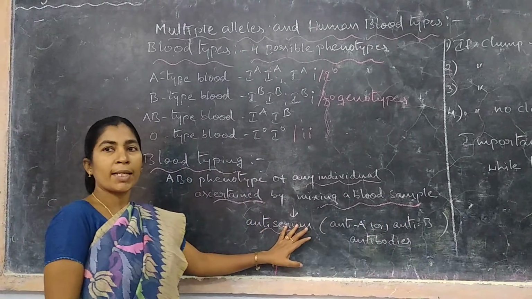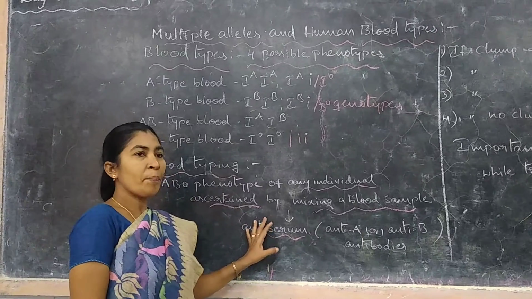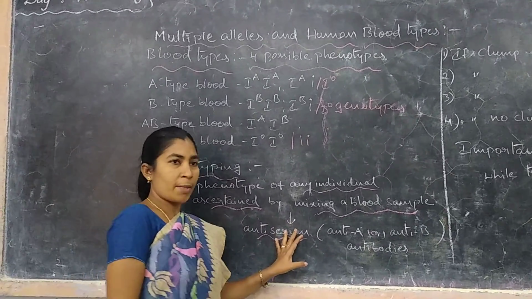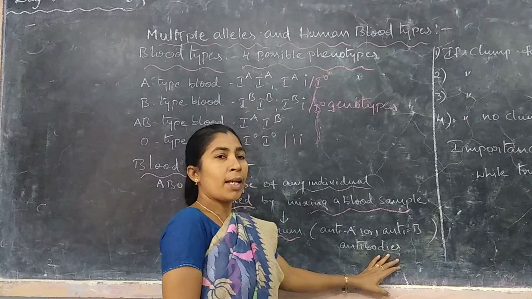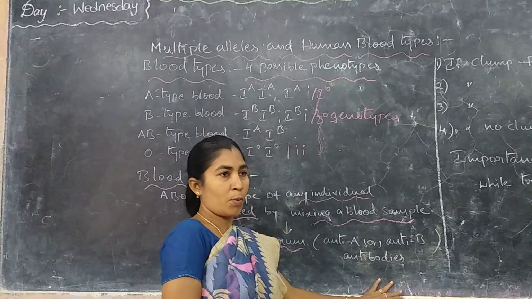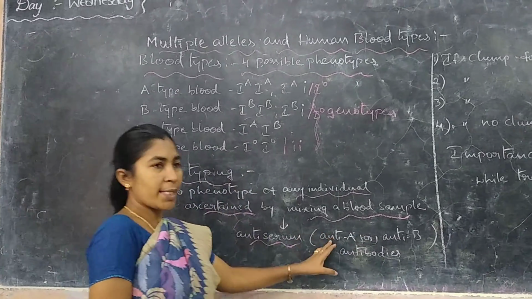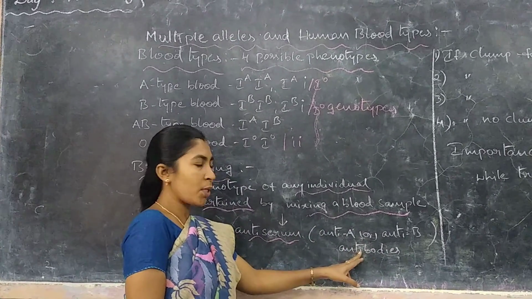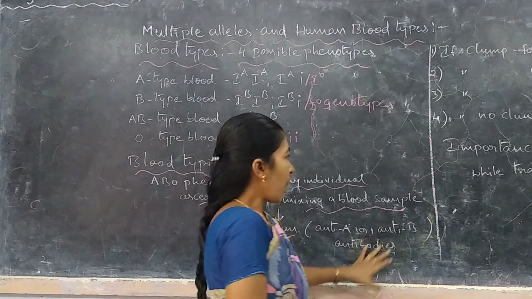Serum is nothing but blood plasma. The two types of antibodies are anti-A antibodies and anti-B antibodies.